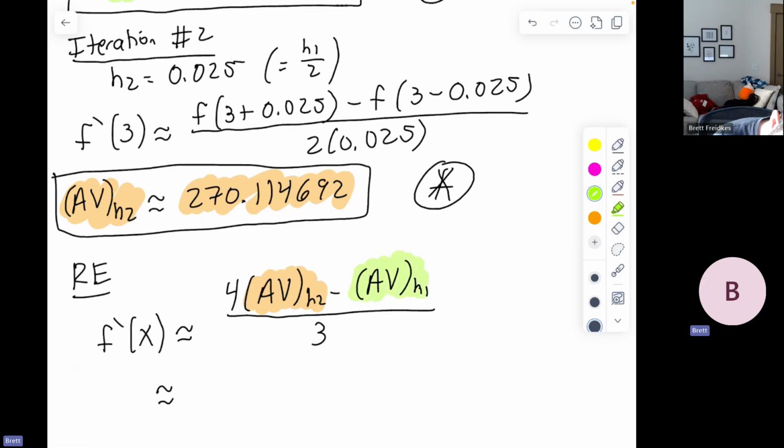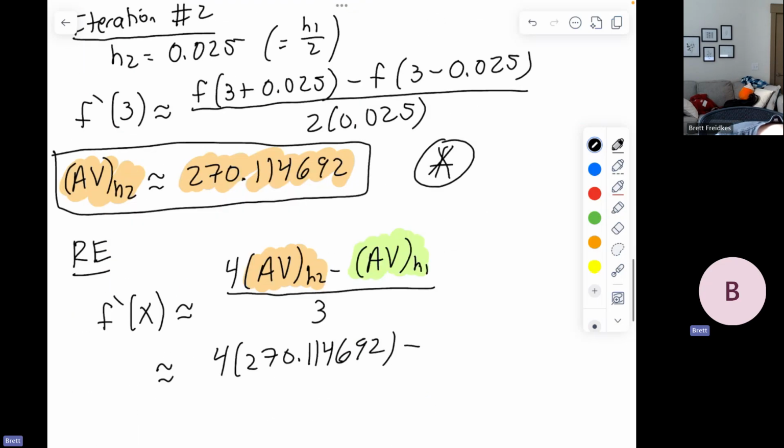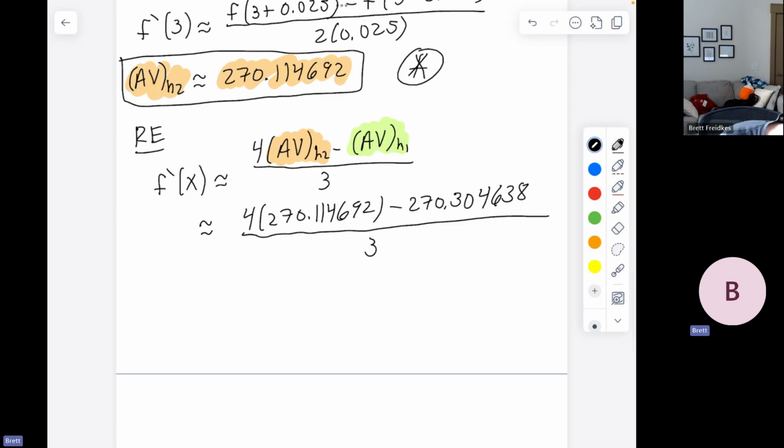There's the approximate value for h1. That's going to be 4 times 270.114692 minus 270.304638 divided by 3.